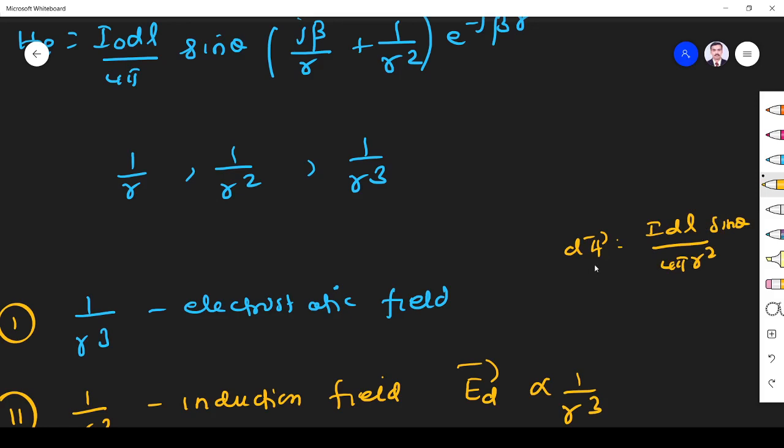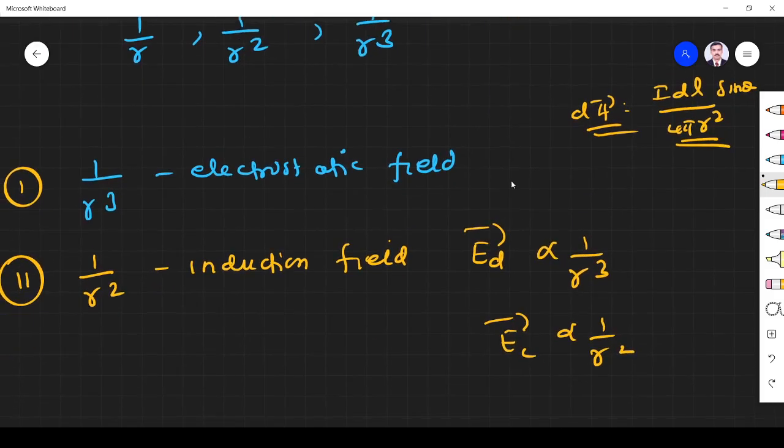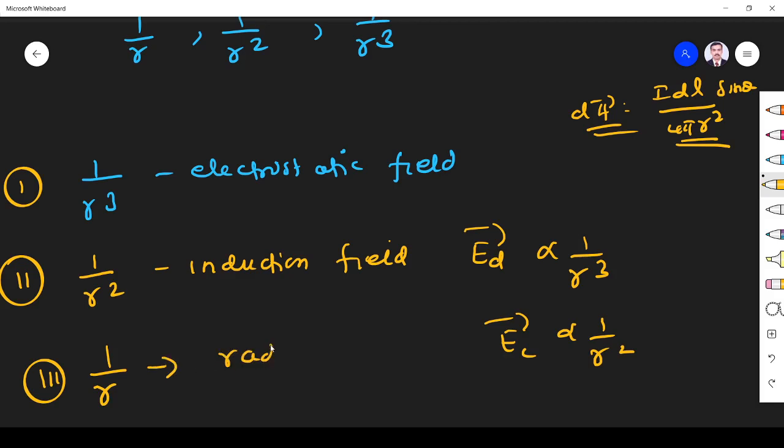So you see magnetic field is inversely proportional to r squared. So 1 by r squared is an induction field or magnetic field. The third one is the term 1 by r in the equation. That is known as radiation field. This is very important.